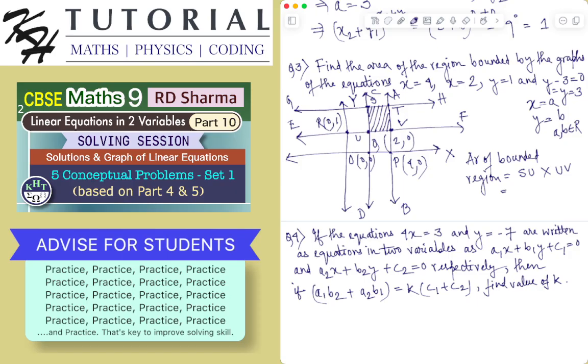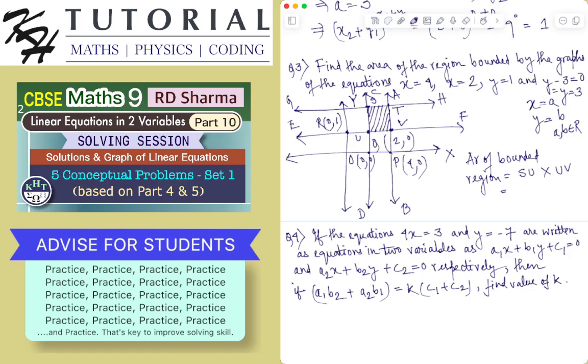What is SU? The length of SU: S and U lie on the same line CD, and the length of SU will be the ordinate of the point S minus the ordinate of the point U. Now, what is the ordinate of the point U? The point U lies on the line EF, which is at a distance 1 from the origin.